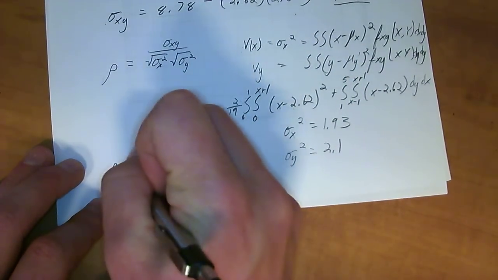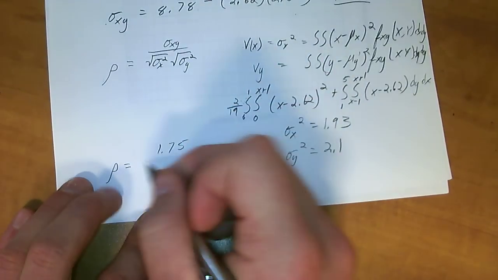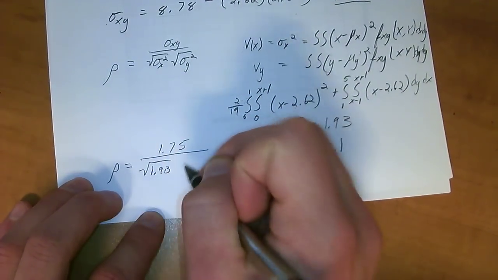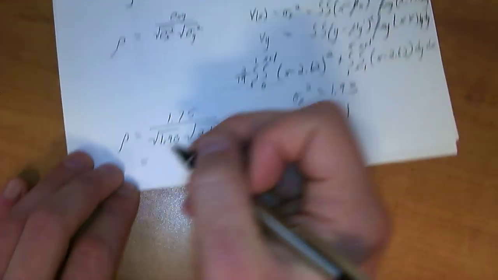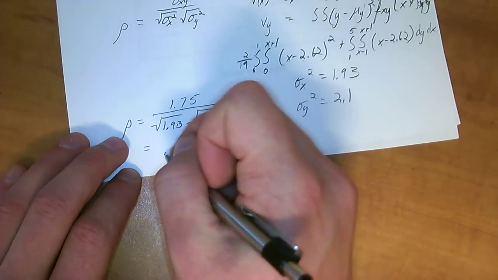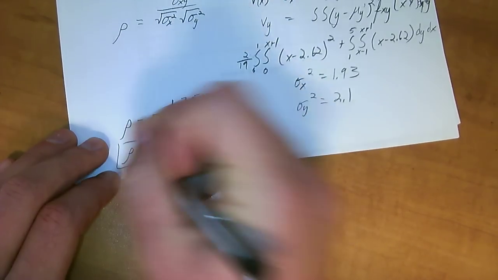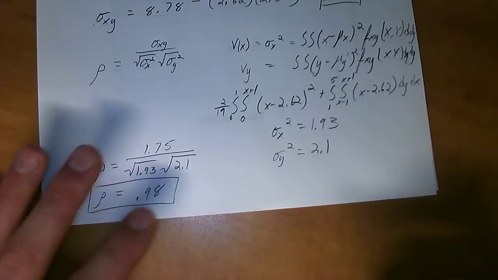So then the correlation is going to equal 1.75 all over the square root of 1.93 times the square root of 2.1, and this should equal 0.98 rough. So your covariance is your correlation right there.